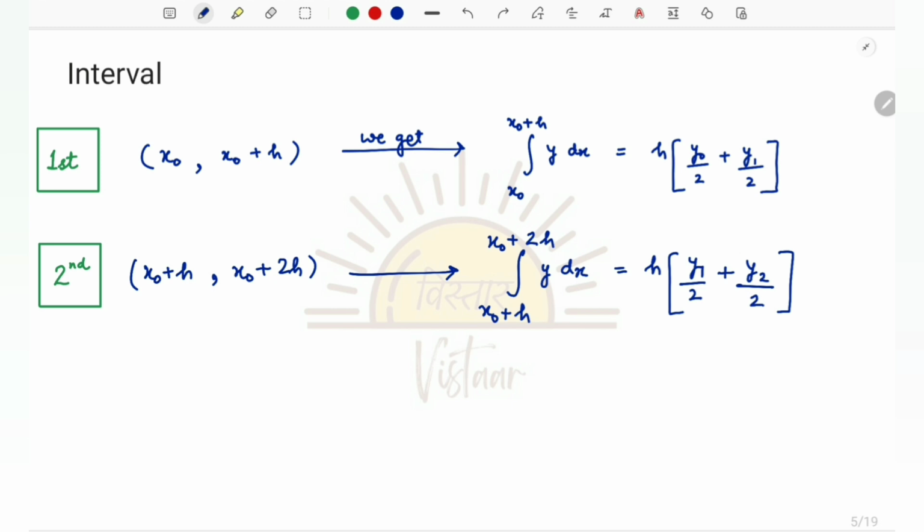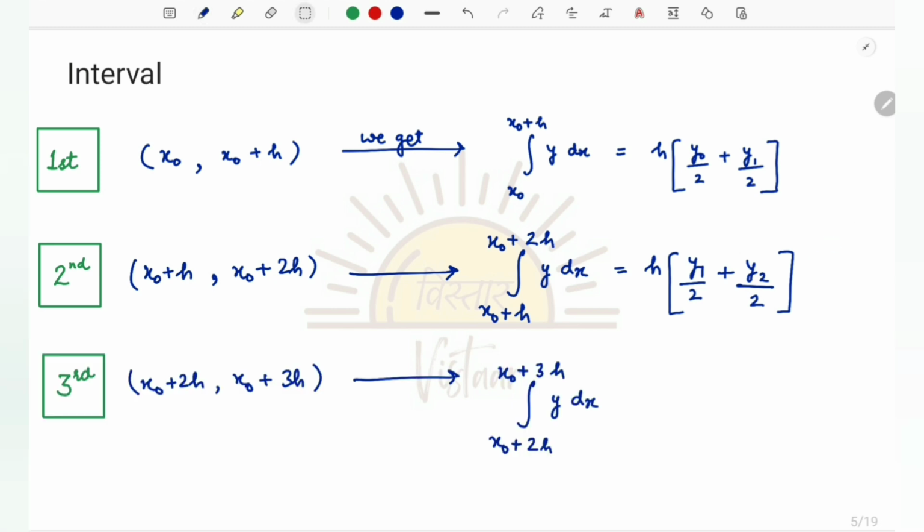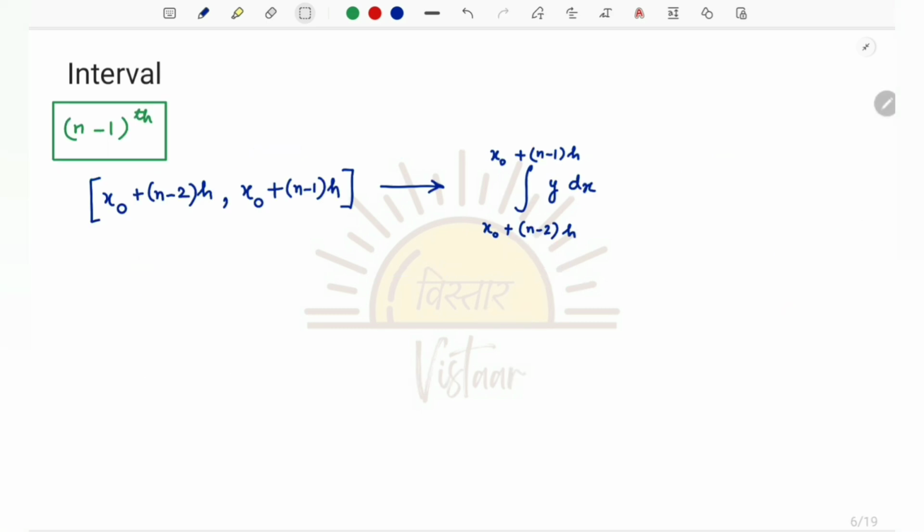In the same way, we have to move for the third interval. So integration of this third interval, which is from x0 plus 2h up to x0 plus 3h, will be h times (y2 by 2 plus y3 by 2).